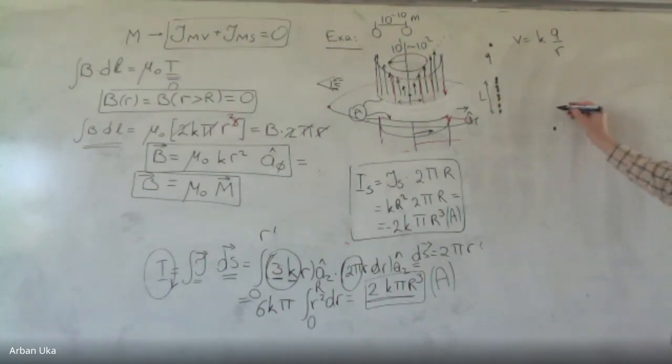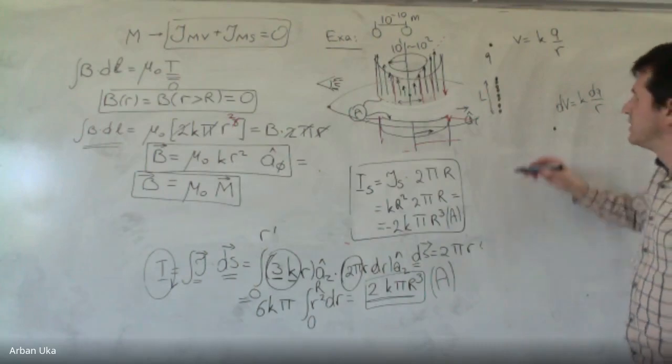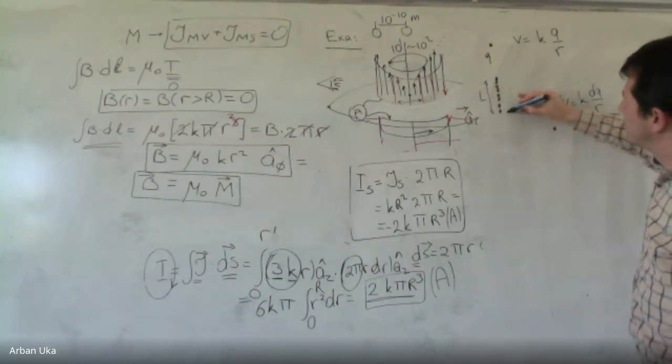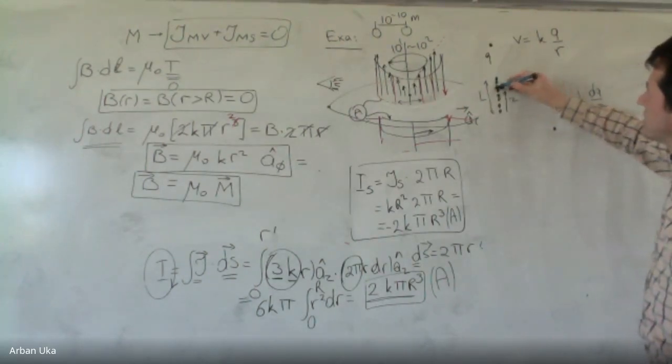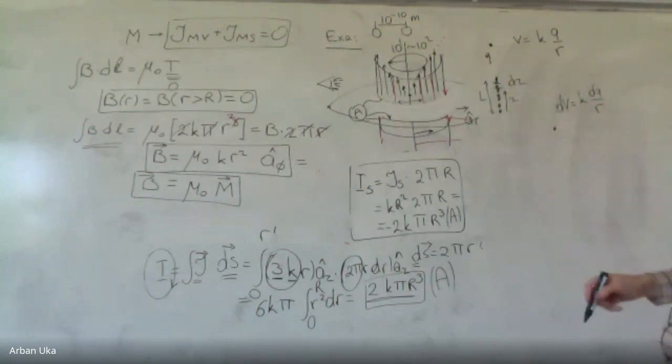We say that the infinitesimally small potential dV is going to be equal to k dQ over R. Then how do we construct this dQ? What is the language that we memorize right away? At the height z, we select an infinitesimally small element dz. This is how we always construct this problem.